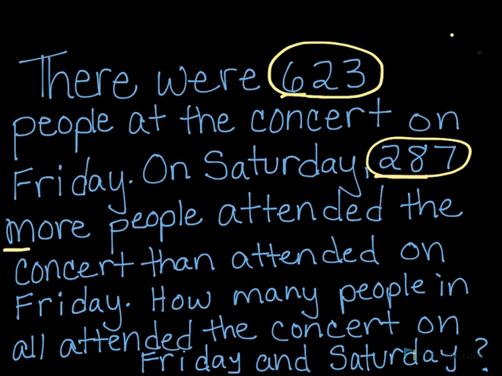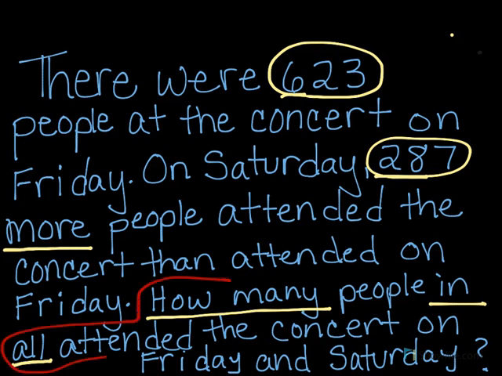I see more, and I see how many, and I see in all. Okay. Now I'm going to evaluate and really think about what this problem is asking. So they want to know how many people in all attended the concert on Friday and Saturday.